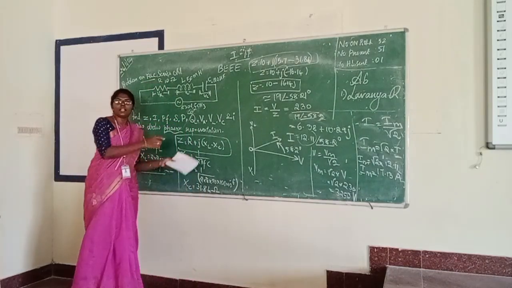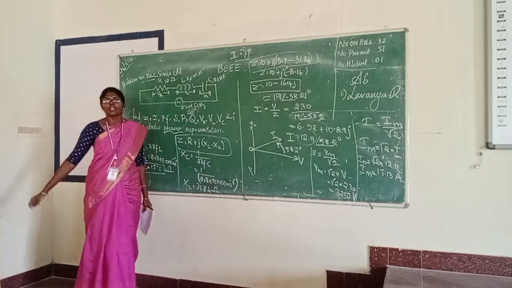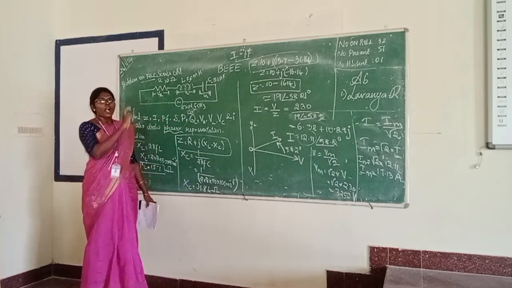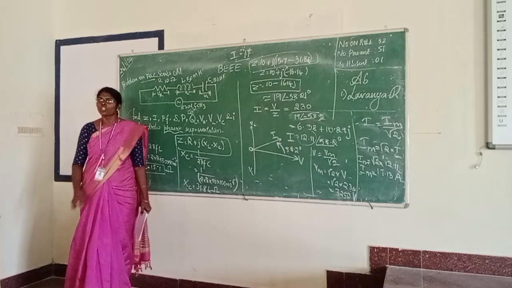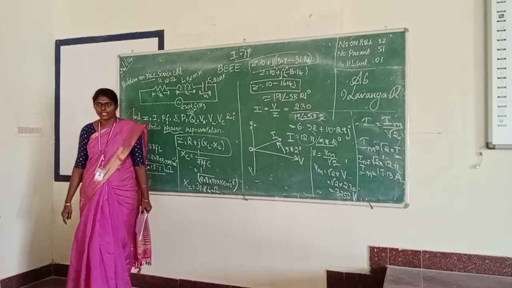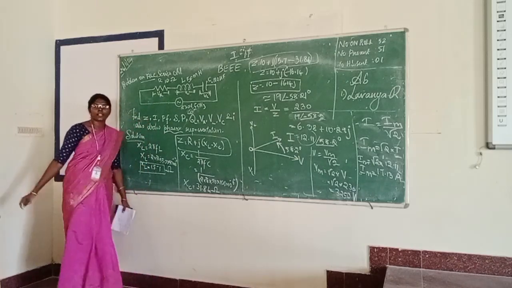Next, take XL, XC and the resistance value from the question and substitute: Z = R, which is 10, plus j(XL - XC). You will get the value of Z.